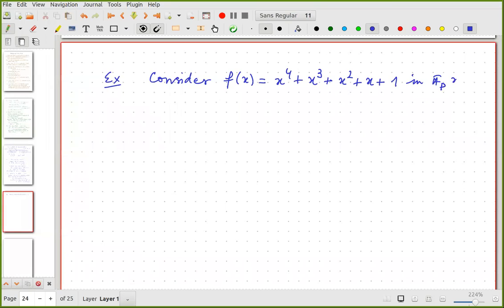Where p is a prime bigger than 5, so at least 7, and p is not congruent to plus or minus 1 mod 5.